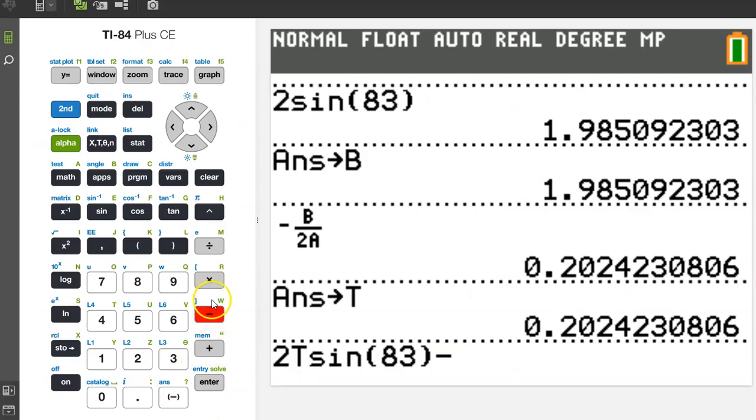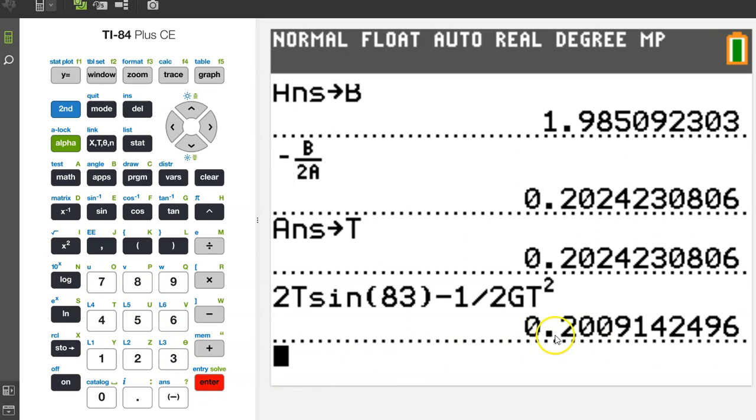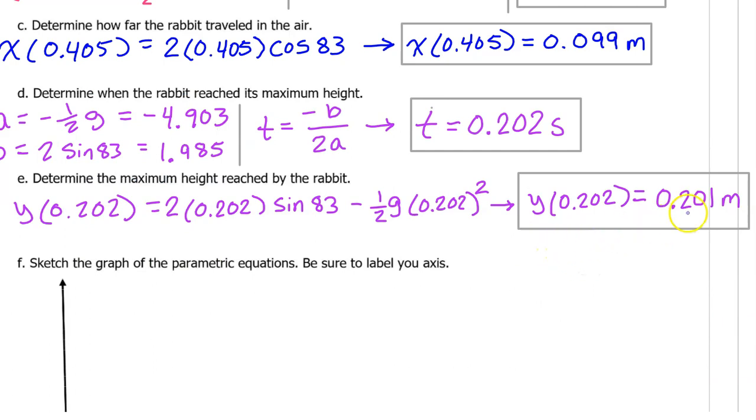So minus 1/2 g t squared. 0.201 if you round up. So the rabbit reaches a maximum height of 0.201 meters.